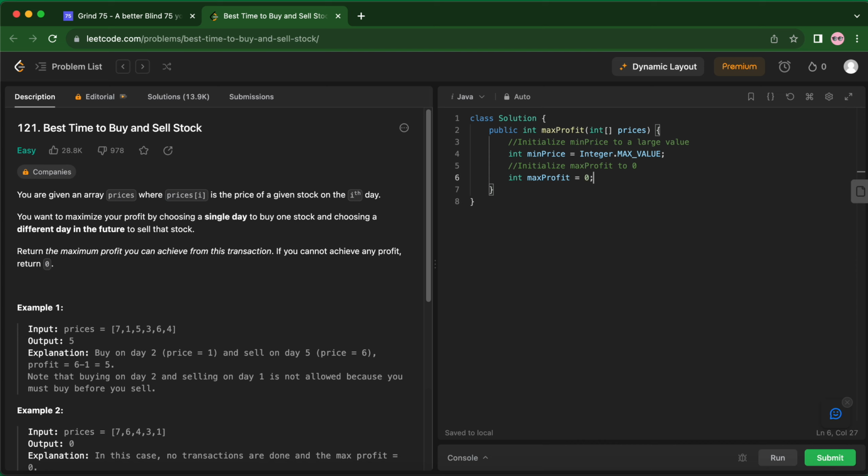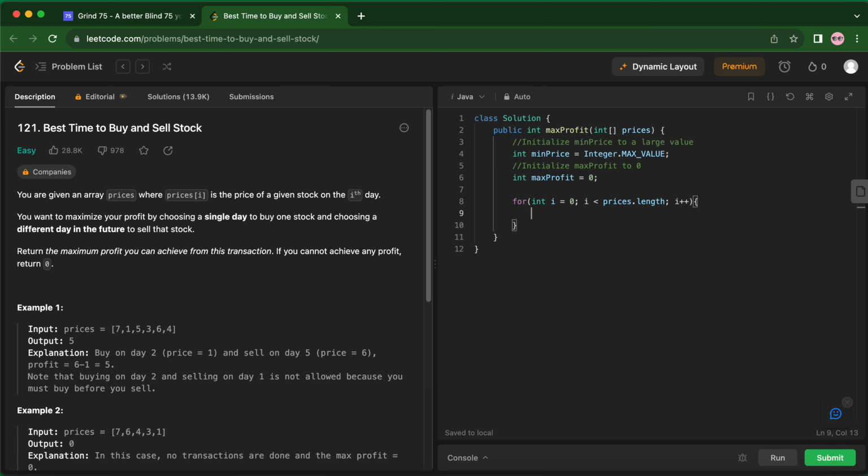Otherwise, in the end, we return the max profit, that would be 0. Now we are going to traverse through the array. So for int i equal to 0, i is less than prices.length, i plus plus. Price is coming from our prices array.